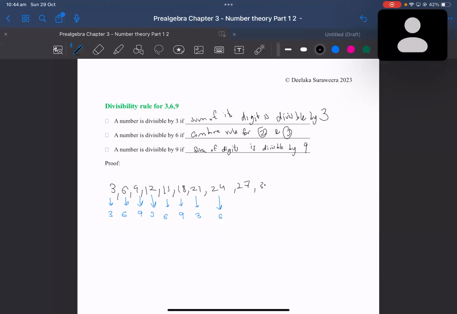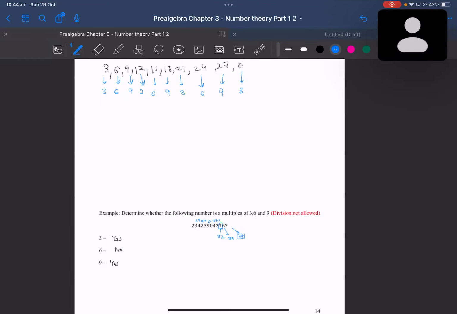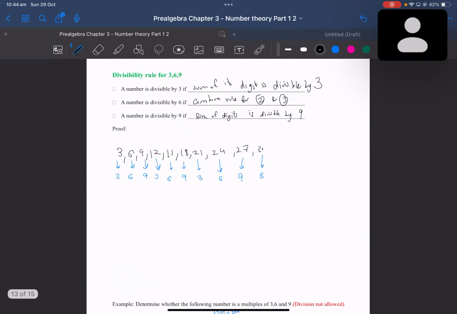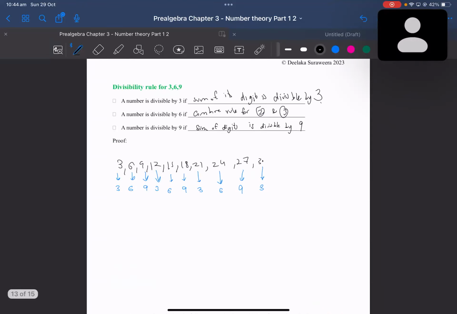All of these digit sums are 3, 6, 9, multiples of 3. And this pattern will continue for a long time. So from this pattern, all multiples of 3 have the sum of the digits divisible by 3.